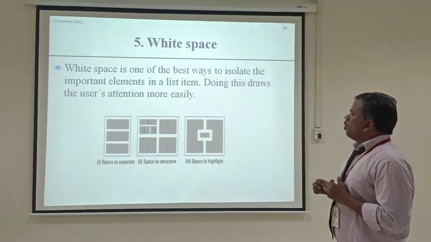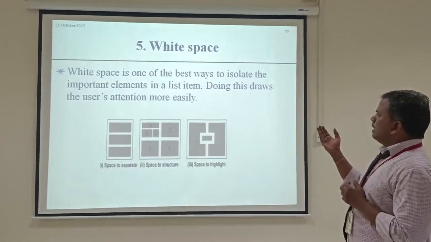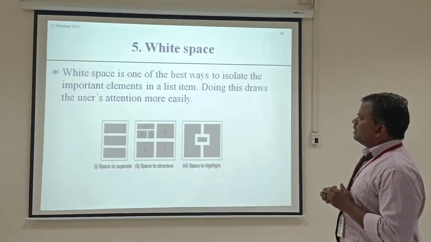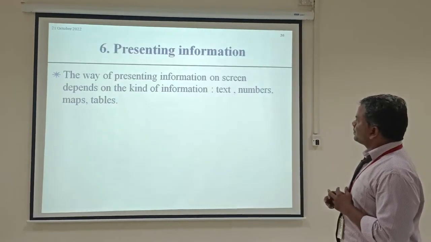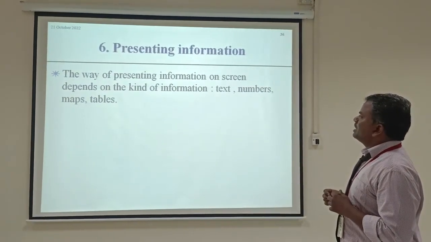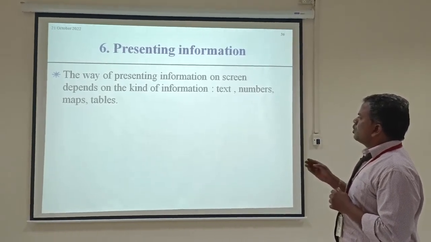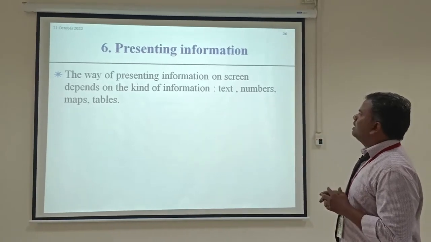White space. White space is one of the best ways to isolate the important elements in list items. Doing this draws the user's attention more easily. Presenting information: the way of presenting information on screen depends on the kind of information, such as text, numbers, maps and tables.